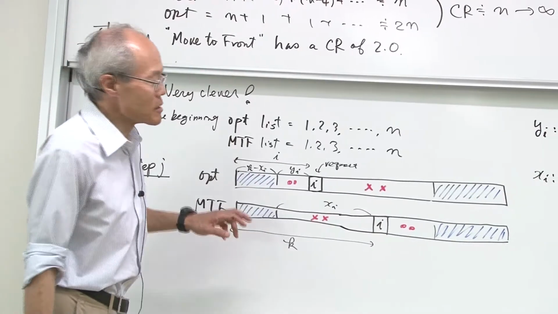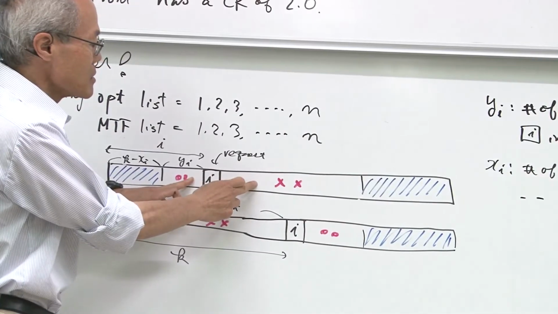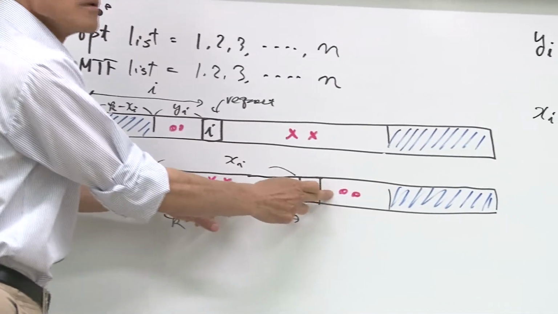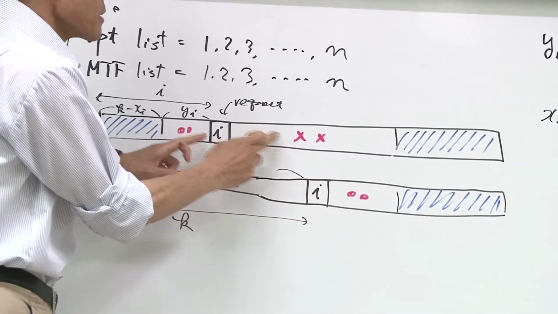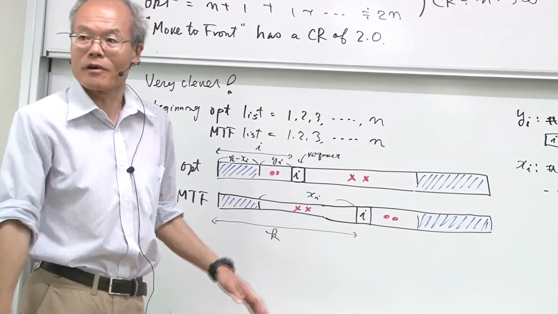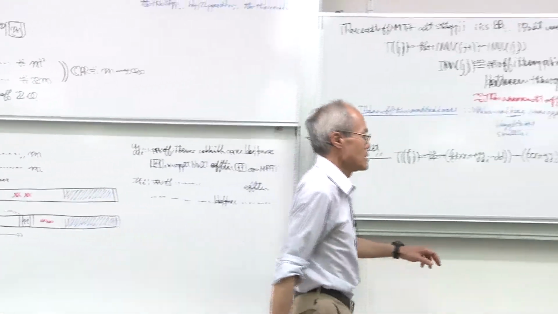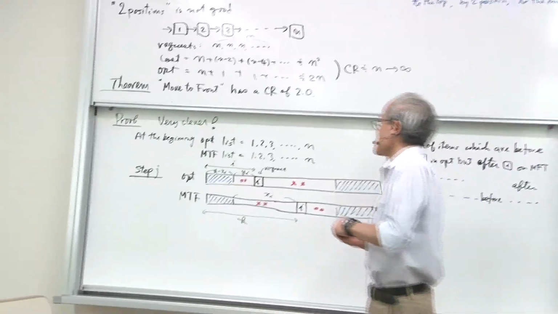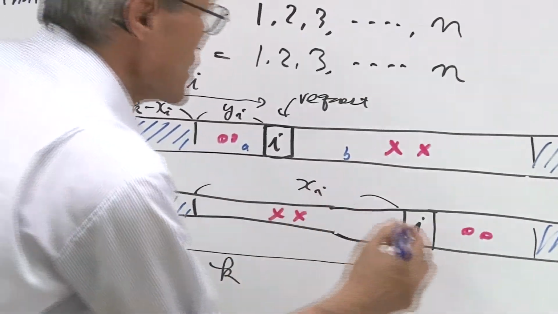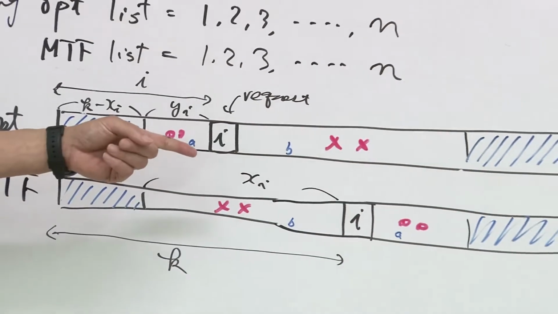We are now counting a pair of elements, a pair of items, like this and this. The order of this pair is different. But that pair is again different in the next step, right? Okay, this is A and B. Here A and B, and here A and B. The order is different.